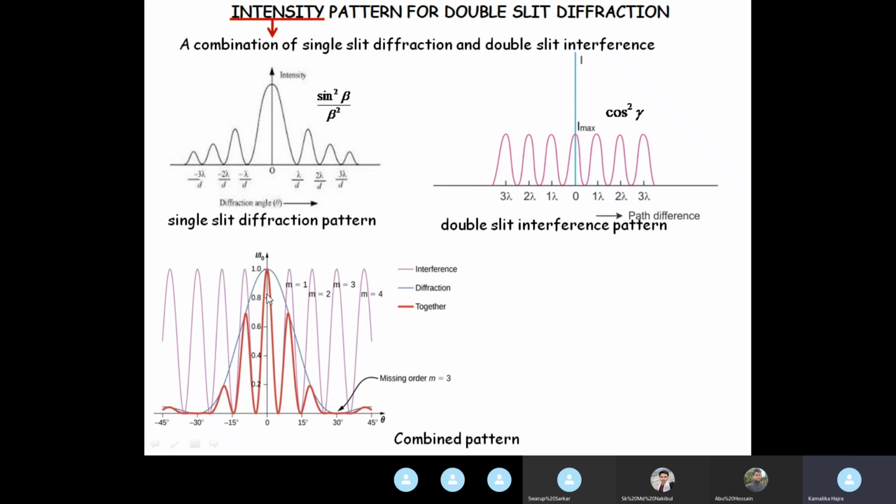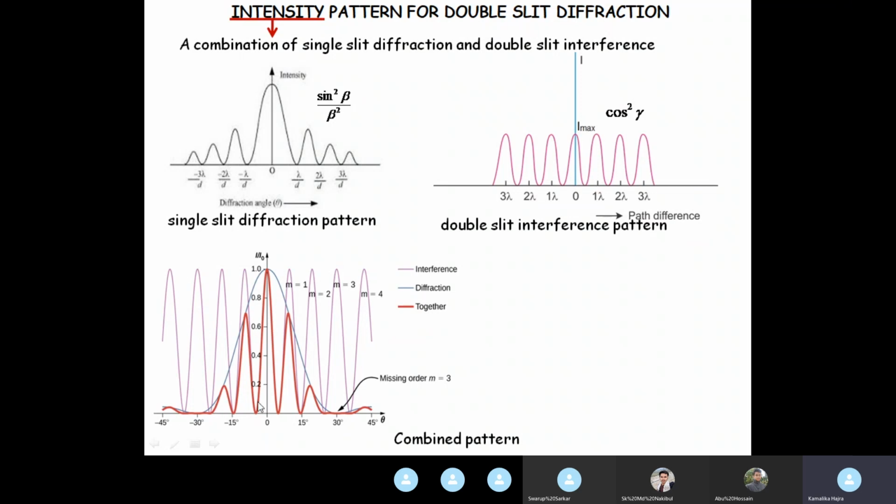So the resultant pattern will be this red one. So this is the combined pattern. Remember, these pink things will not be there in the combined pattern. This is the actual interference term, cos square gamma. The blue one is the sine square beta by beta square alone. The purple one is the cos square gamma alone.